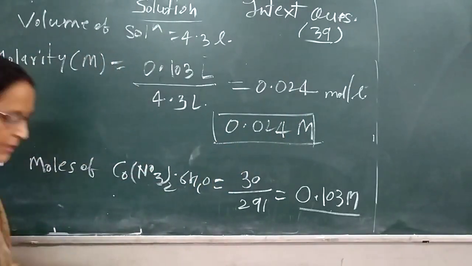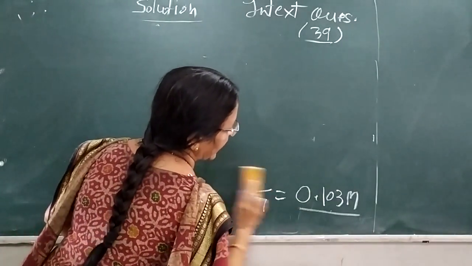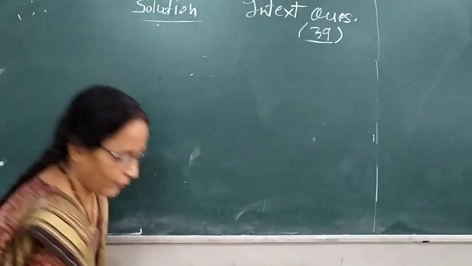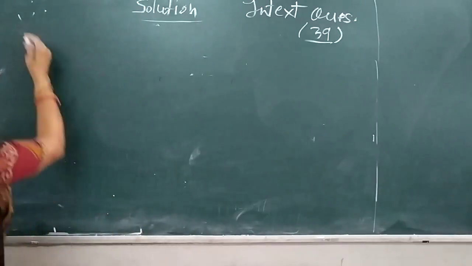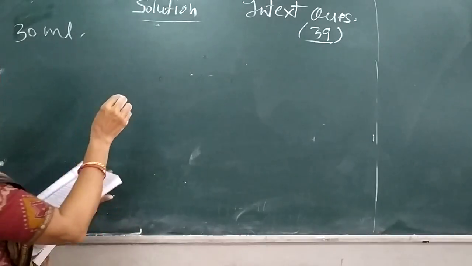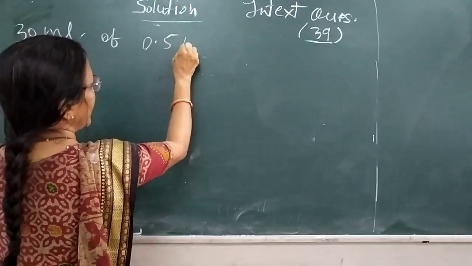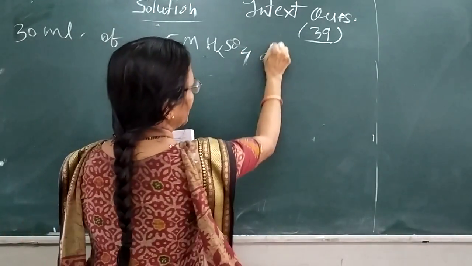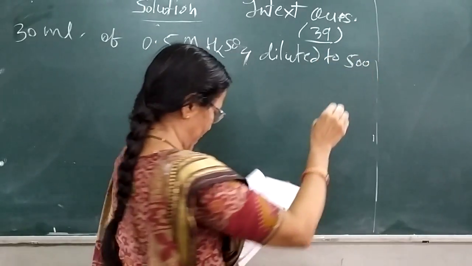Okay. Now student, the second question is coming to us. Second is 30 ml of 0.5 M H2SO4 diluted to 500 ml.